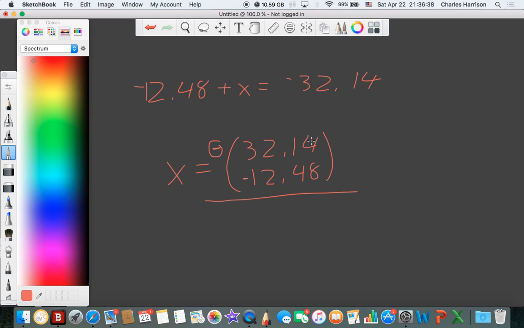Alright, so now we borrow from here, and we make this a 14. This is a 6. Then we borrow from here, make that a 1, make this a 10, make this a 6. Then we borrow from here, make this a 2, make this an 11, and this is a 9. And then 2 minus 1 is that. And it's a negative in the end. So negative 19.66. That's what I would say the answer is.